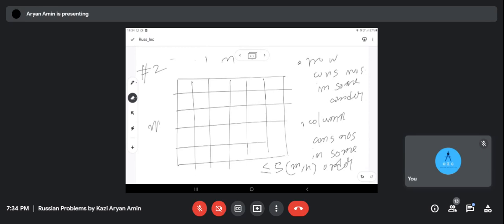And you want every cell value to be at most some function s of m comma n, and you want to find that. So he was asking, is it possible that this value is 4 and this value is 4 as well? Yeah, that's possible.